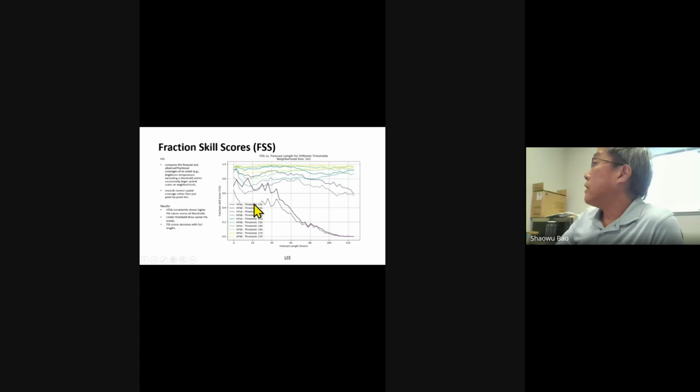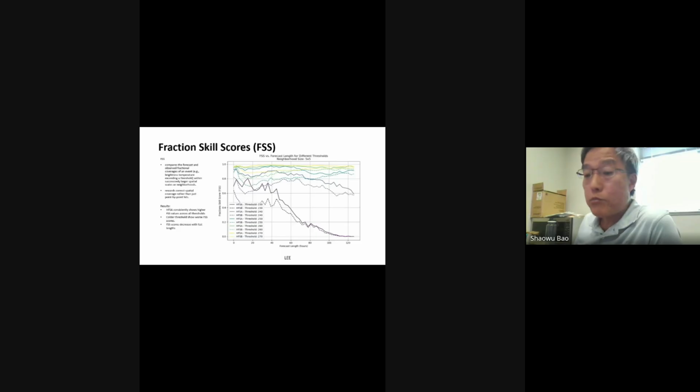And we can also see that for the 230K threshold, for a very cold cloud, the skill score quickly decreased to nearly zero for the 120-hour forecast. And for the different thresholds, we can see that the colder the threshold, the worse the skill score.